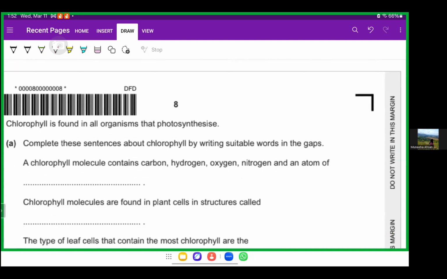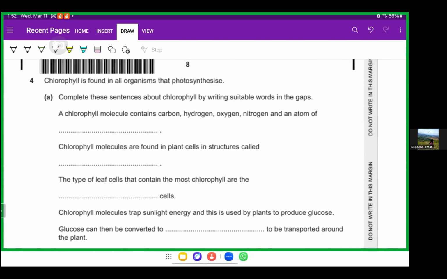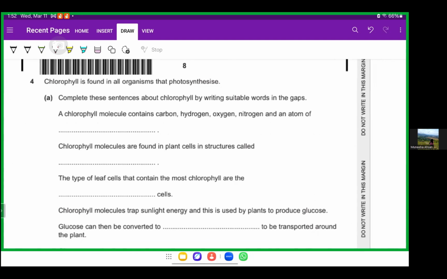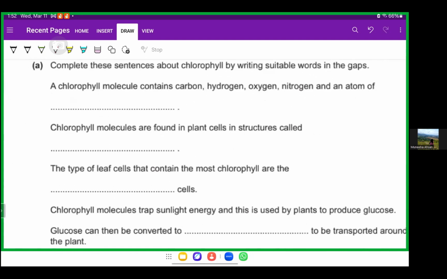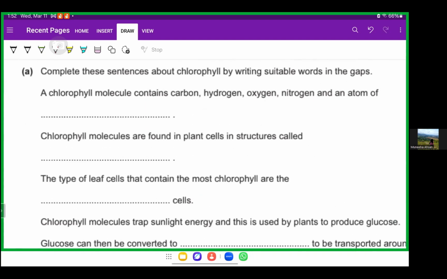Okay, moving on to the next question. Chlorophyll is found in all organisms that photosynthesize. Complete these sentences about chlorophyll by writing the suitable words in the gaps. A chlorophyll molecule contains carbon, hydrogen, oxygen, nitrogen, and an atom of magnesium, because magnesium deficiency in plants leads to production of less chlorophyll and makes the plant appear yellow.